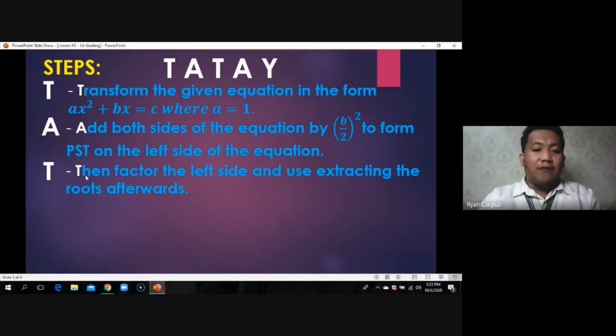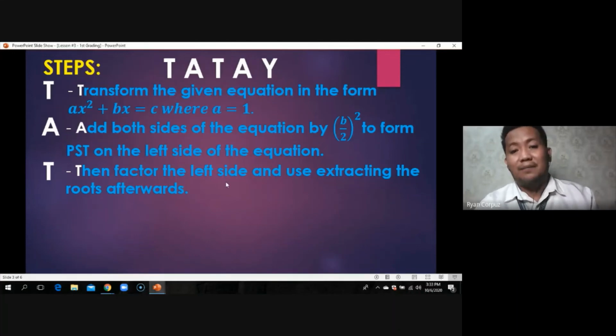So, the factor of a perfect square trinomial is a square of binomial, the binomial that was raised to the second power. Just like an example that we answered when we discussed extracting the roots. That binomial inside the parentheses was raised to the second power. So if we factor that perfect square trinomial, ganun yung mangyayari.